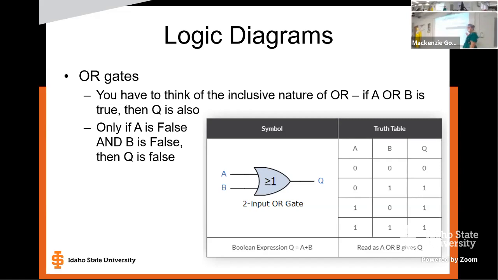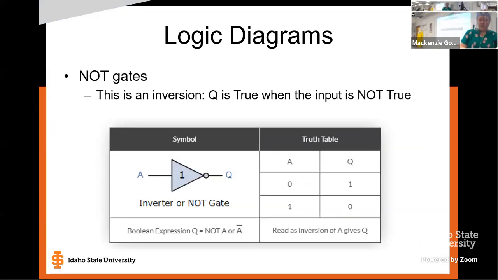So if they're both the same thing, they'll still match, but in this case, it can be on with either one of these, okay? And then not is the opposite, right? Sometimes called an inverter gate.